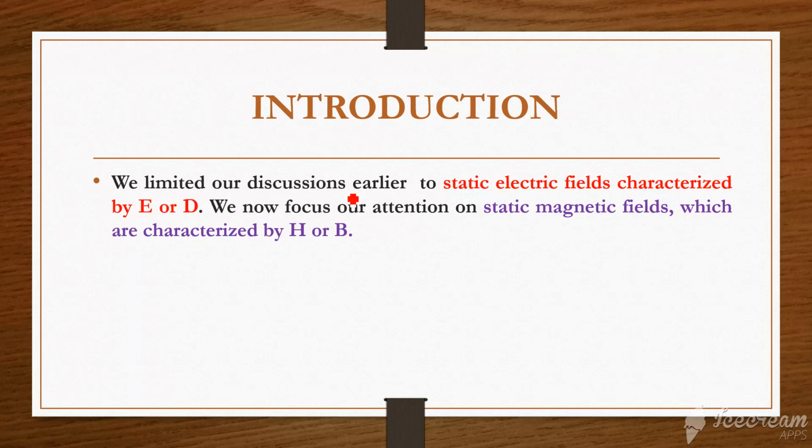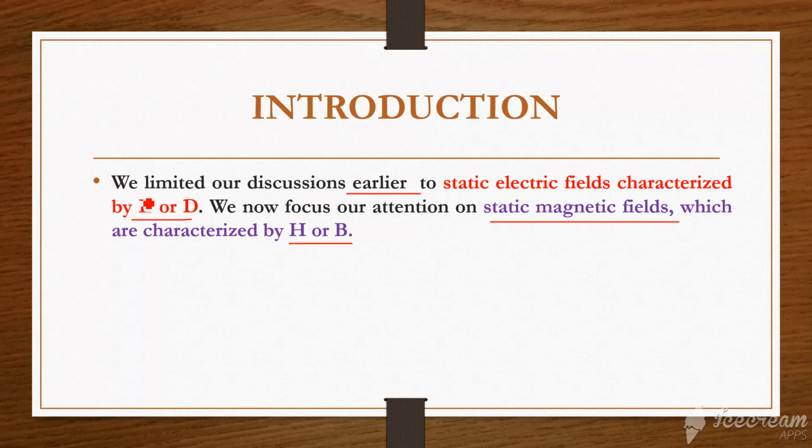We limited our discussion earlier to static electric fields characterized by E and D. We now focus our attention on static magnetic fields, which are characterized by H and B.